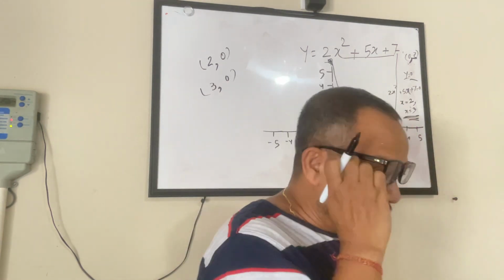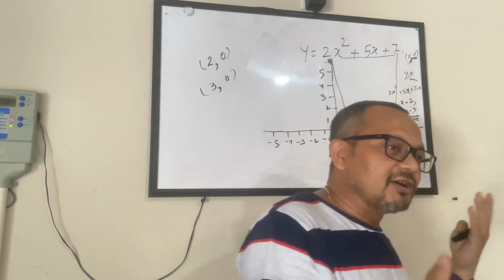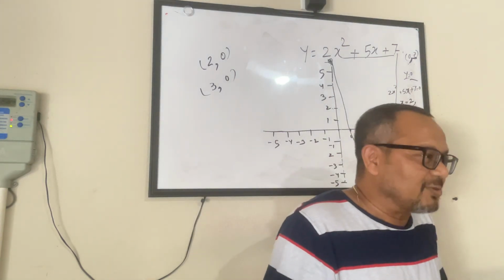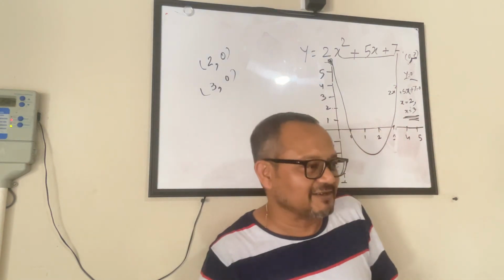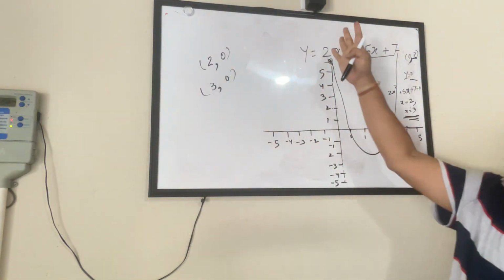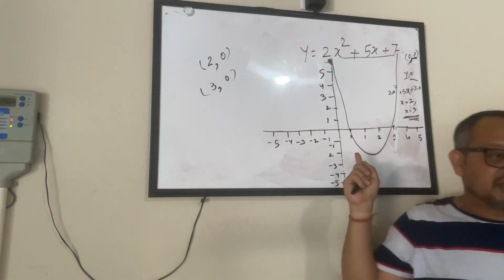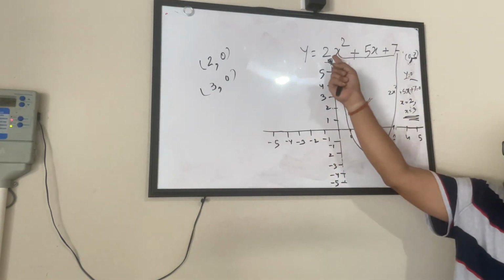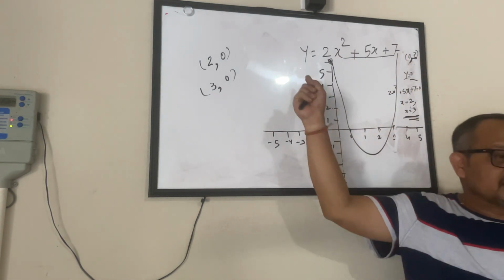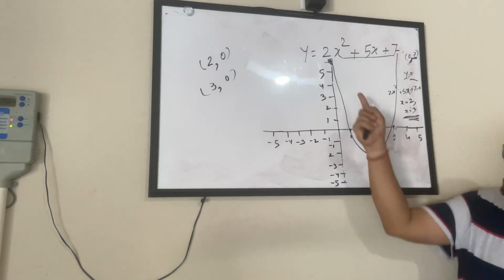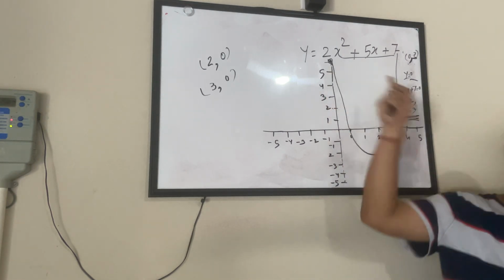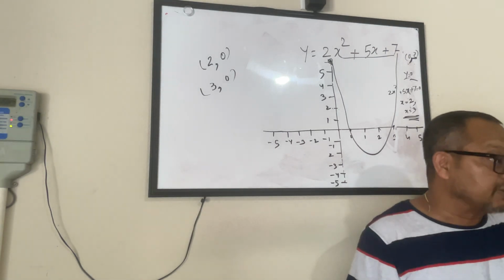Now, every parabola, I call it parabola, you guys call it parabola, right? Mine is an Indian accent, you guys have an American accent. When you look at a parabola, it touches the y-axis and it touches the x-axis also. What is there to notice here is that it can touch the y-axis only at one place.